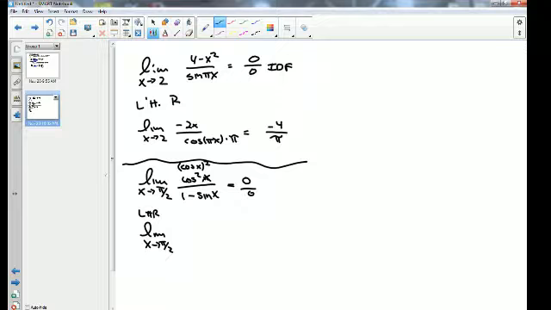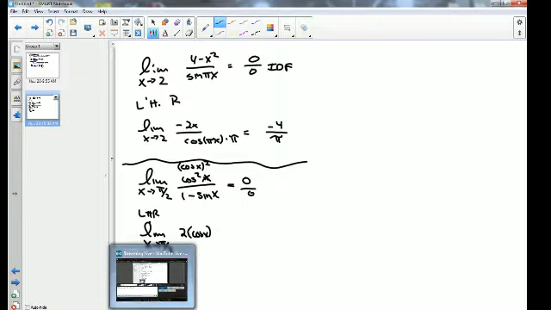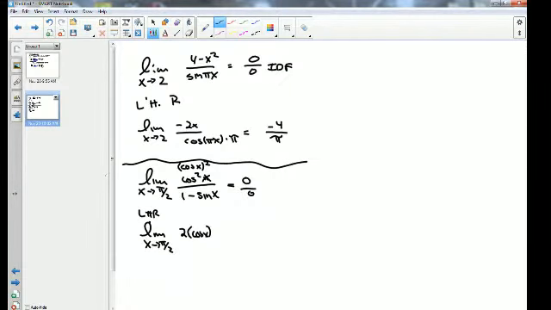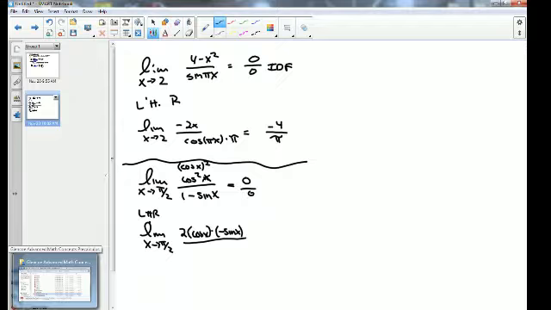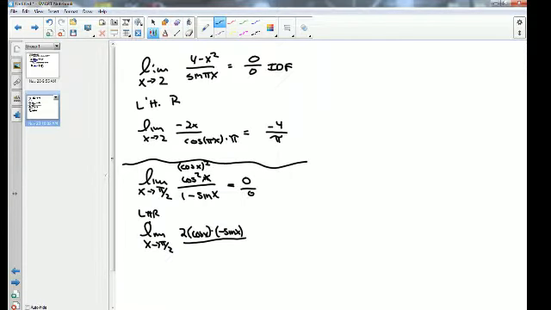So we need the power rule on the outside: bring the 2 down, subtract 1, copy the inside, and then derive the inside, which gives a negative sine. And then the derivative of the denominator is negative cosine x.